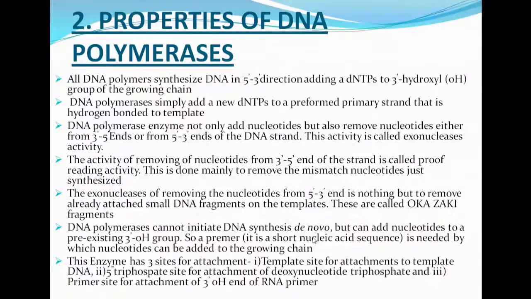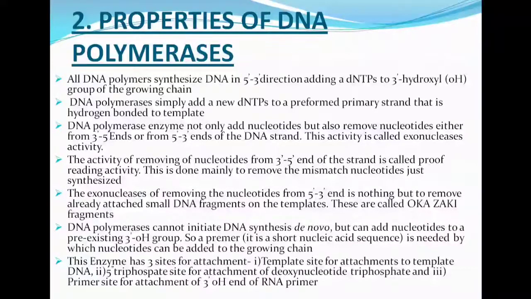So primer is nothing but a short nucleic acid sequence which is required for DNA synthesis by the DNA polymerase. These primers are very important in DNA synthesis, without which the DNA polymerase cannot synthesize or elongate the DNA molecular chain. So this is another property of DNA polymerases.